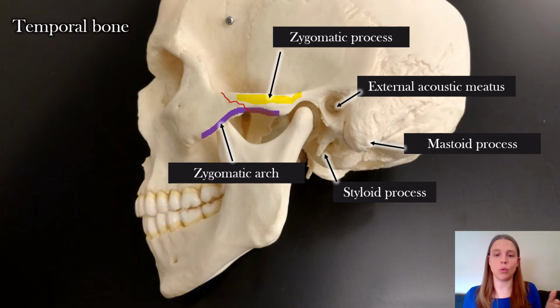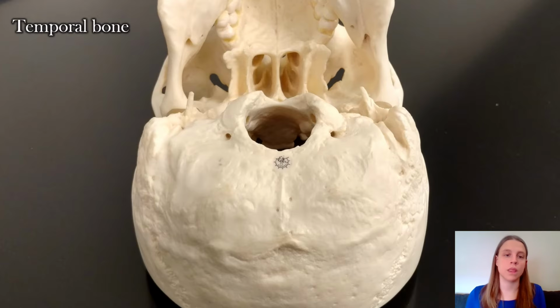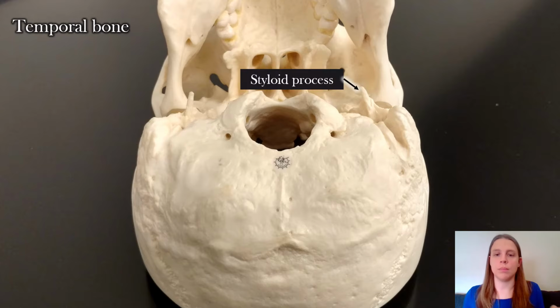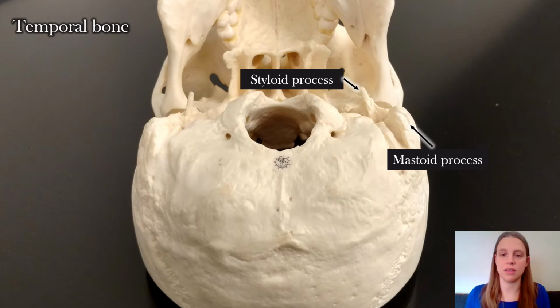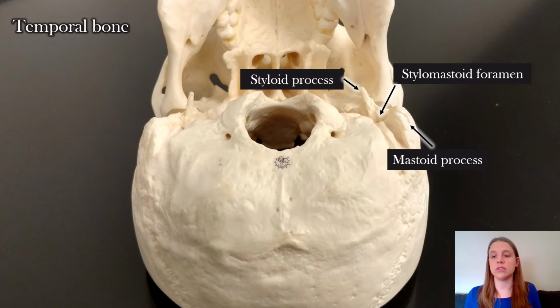So the styloid process looks like a little pen. So it's not quite clear in this picture. You can see the styloid process, the mastoid process, and if you were looking straight down, you could see in between the two there's a little hole called the stylomastoid foramen.